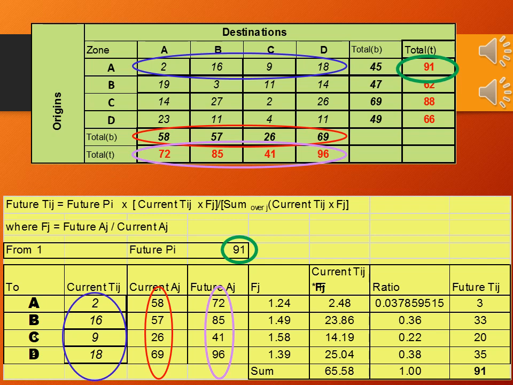Now we've got to take this and do it for each of A to A, A to B, A to C and A to D.